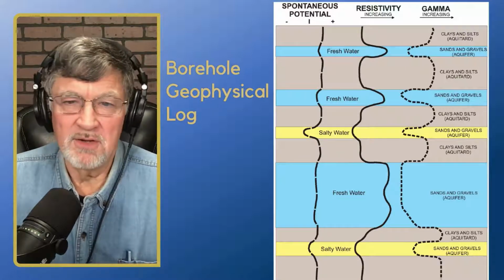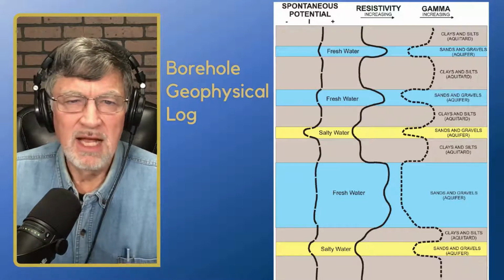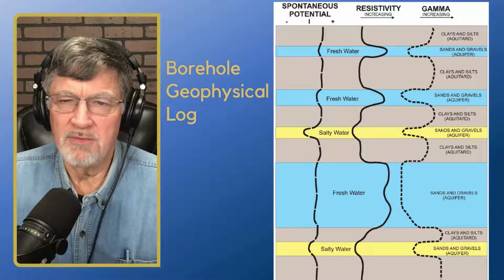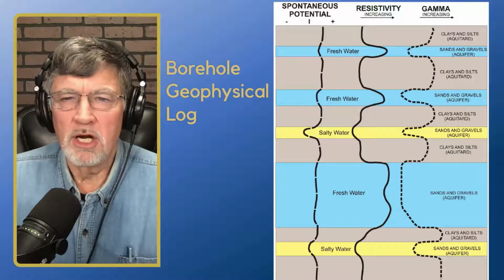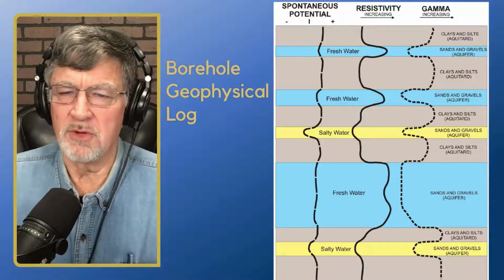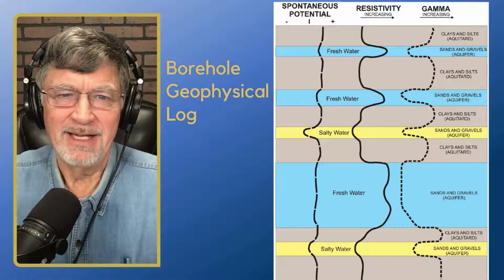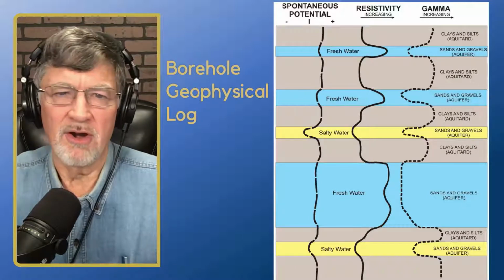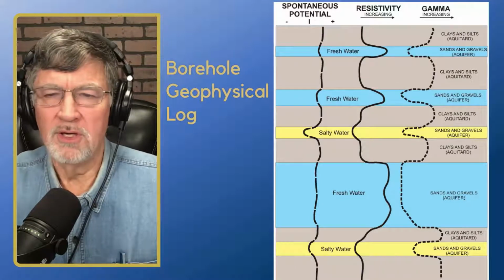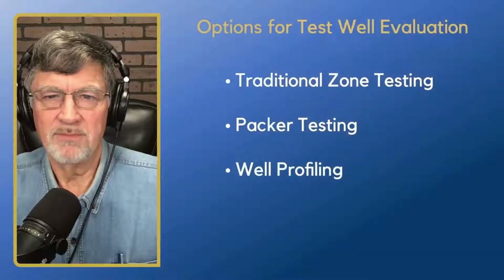If we get enough production out of some of these salty water zones, and the concentrations are low enough, it might dilute down where we can take those zones and not have to worry about treatment. So the geophysical logs and the geologic logs, like I say, are our guide for determining what zones we're going to isolate for our zone testing.